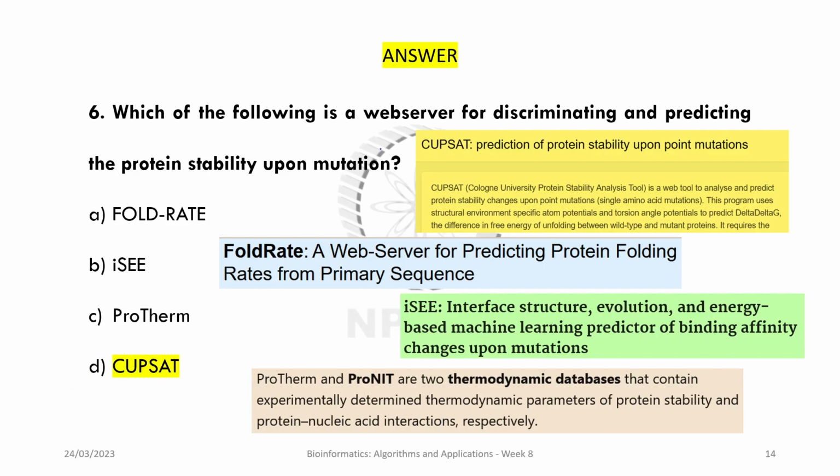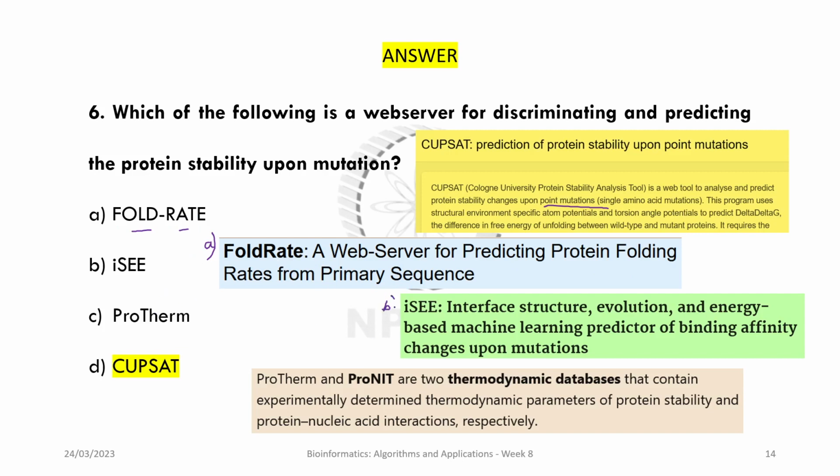So CUPSAT, I have pasted the same image, just a different color. A web tool to analyze and predict protein stability changes upon point mutations. And what is the other option? FoldRate, a web server for predicting protein folding rates from primary sequence. The name has it, right? Folding rates.